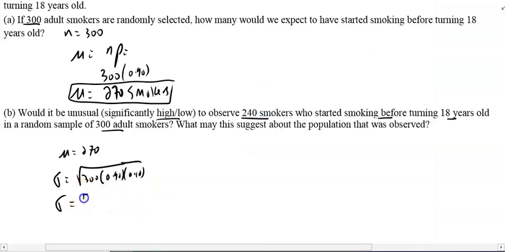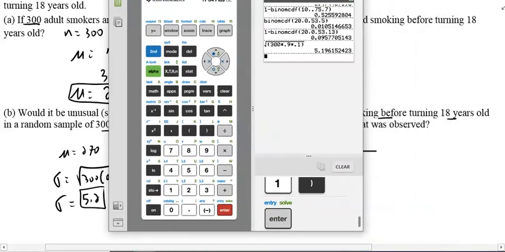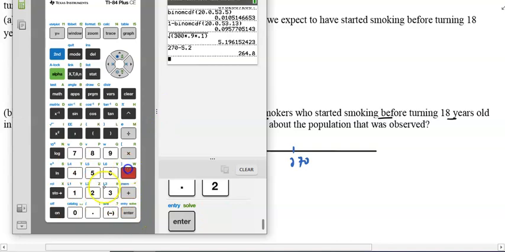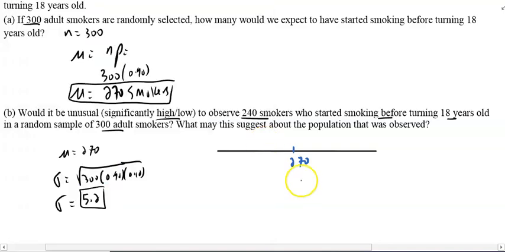5.2. So how do we do this? Well, we know how to do this. We say take 270 and subtract 5.2. That's one standard deviation and another 5.2.